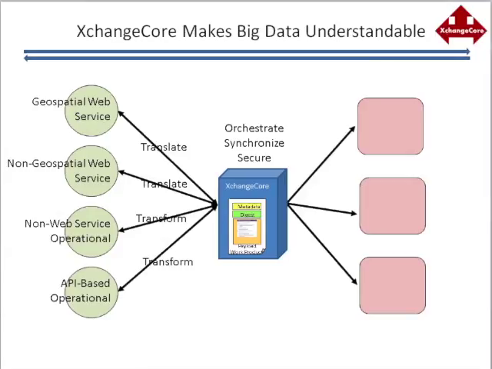And it does that through, on the left-hand side, translating web services, transforming non-web services into that common view of data inside of XchangeCore, where orchestration, synchronization, and secure agreements take place. That combination is what makes for all the value that we just talked about. And what it delivers, on the next slide, the benefits.